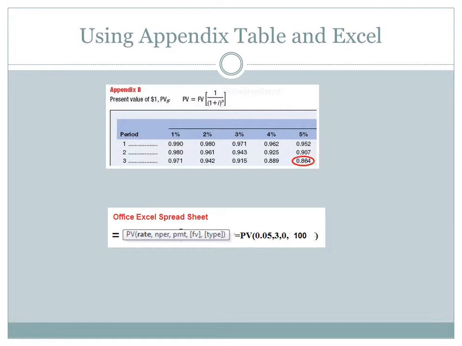In the appendix table, you go to 5% and then down to period 3. You see that number is 0.864, and then you multiply by the principal of $100. You get $86.40. Or you can use an Excel spreadsheet. Use the PV function, key in those numbers, and you will get the same answer.